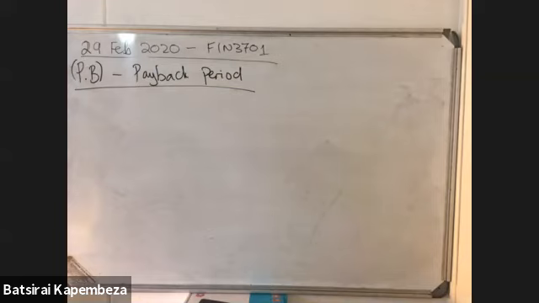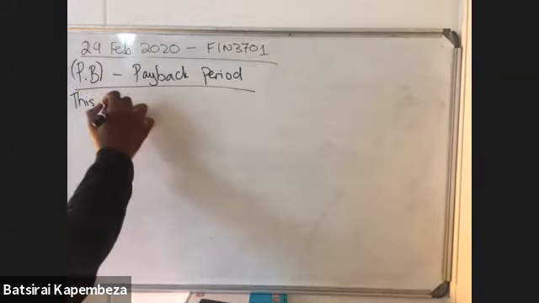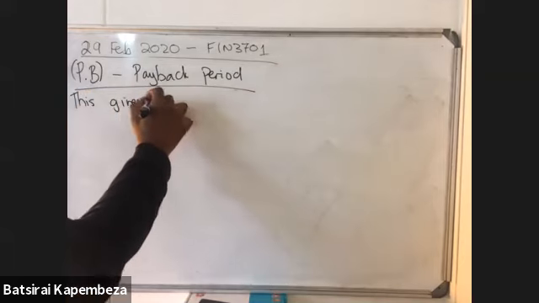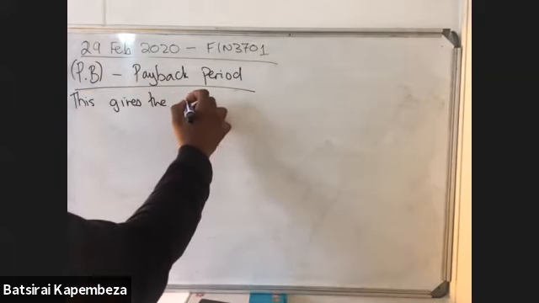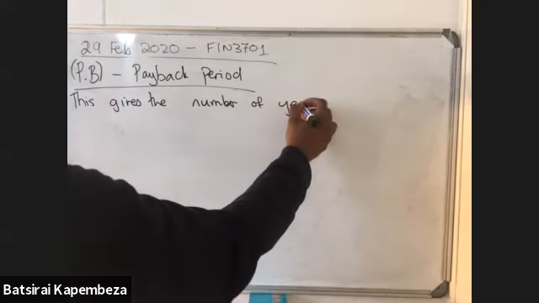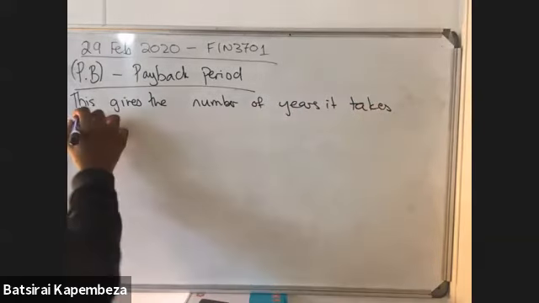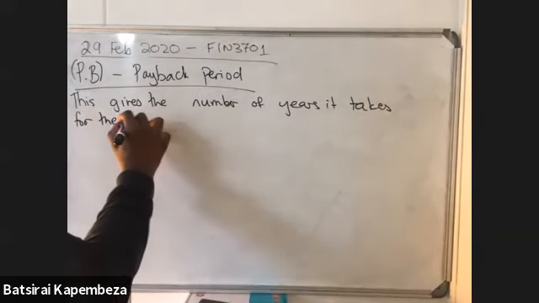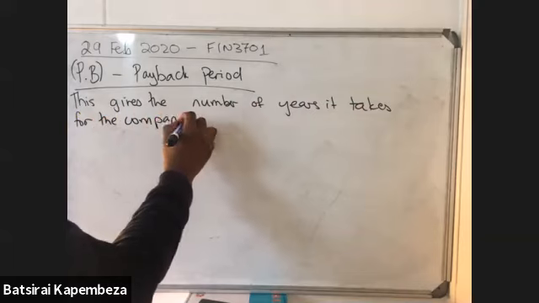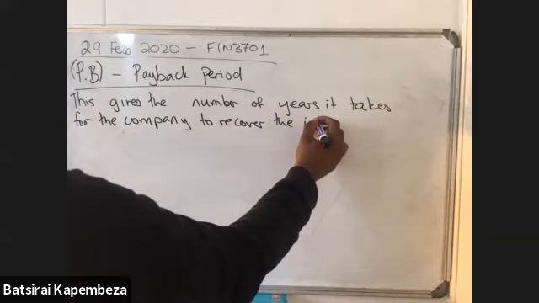So what the PB does, it gives us the number of years it takes for a company to recover its initial investment.